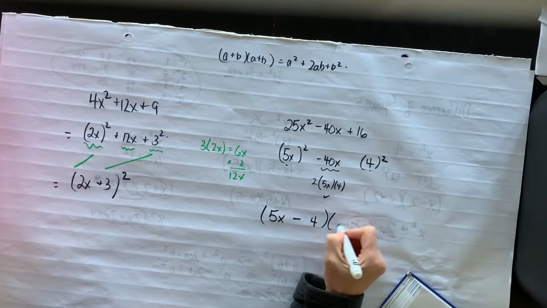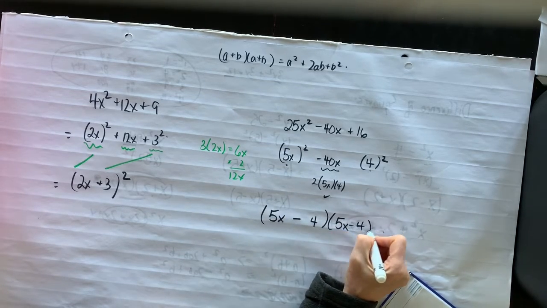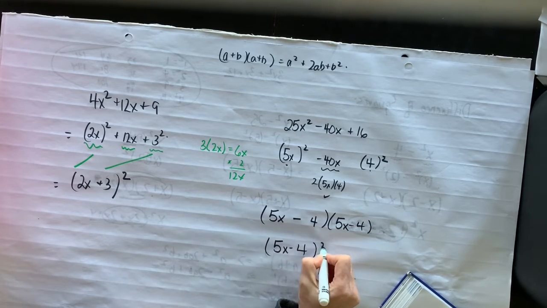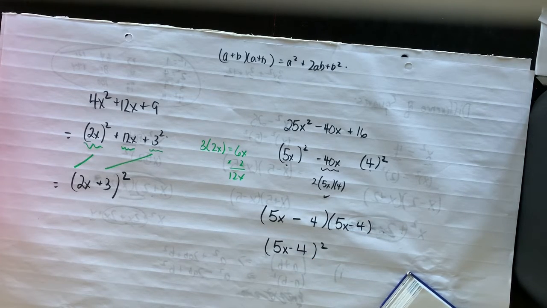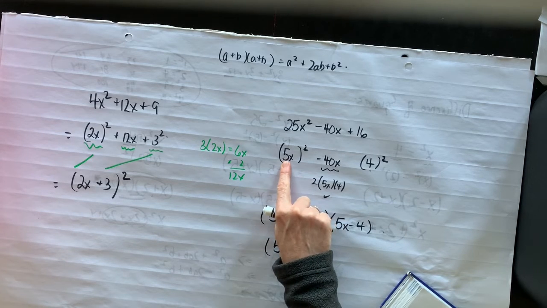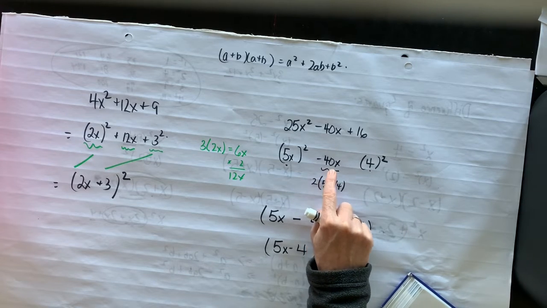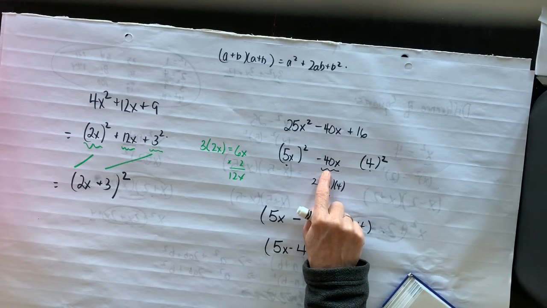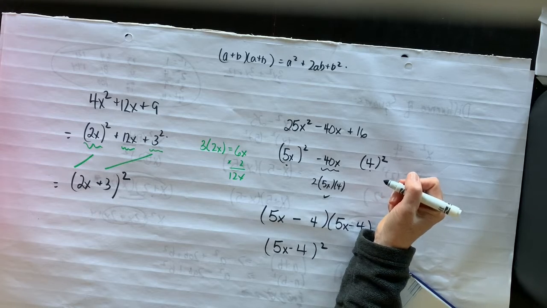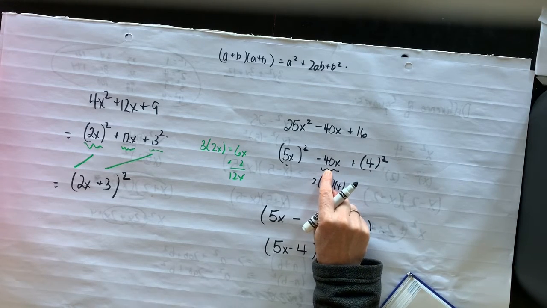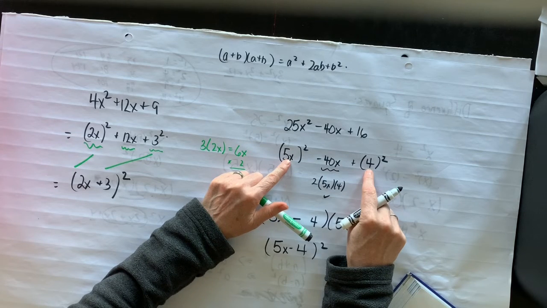Technically it's 5x minus 4 times 5x minus 4, but I'm just going to skip a step and write it like that. Again, I'm looking at that pattern. I have something squared at the beginning, something squared at the end, and I just check, does that middle term equal 2 times these things multiplied together?